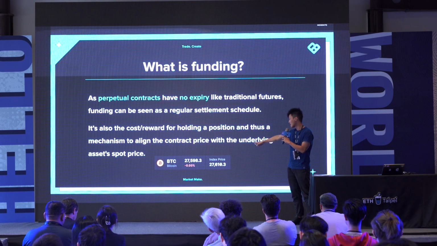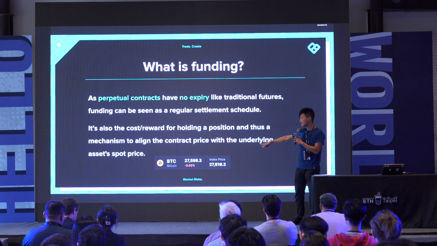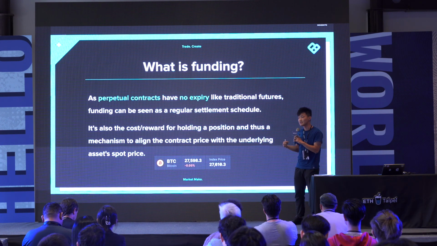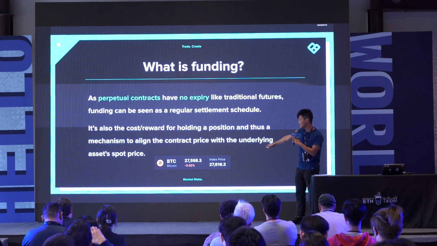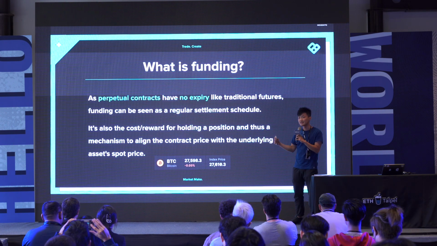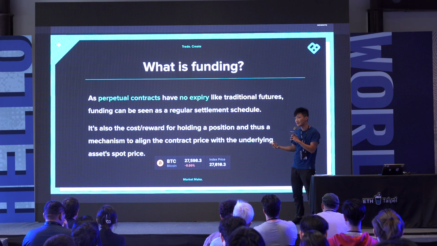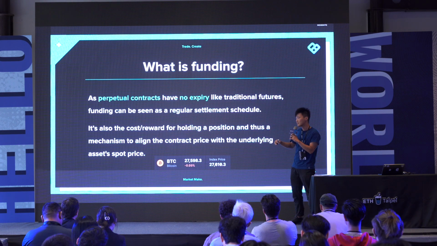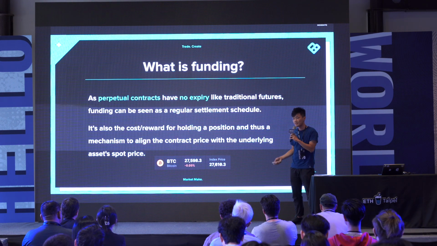And there's another price, which is not really clear here. It's called the index price. It's the underlying asset's price, for example, on Uniswap. And in our case, it's from Chainlink. So you can see there's a price difference between those two. And the funding mechanism is the mechanism to draw those two closer. Because theoretically, these 2 prices should be really close so that users won't be paying extra on these derivative exchanges.